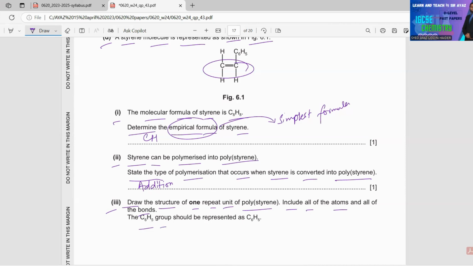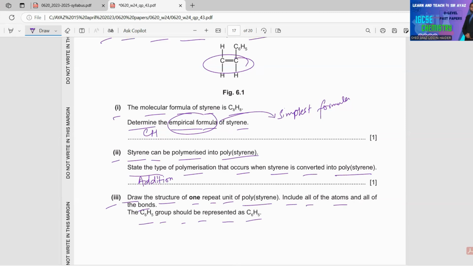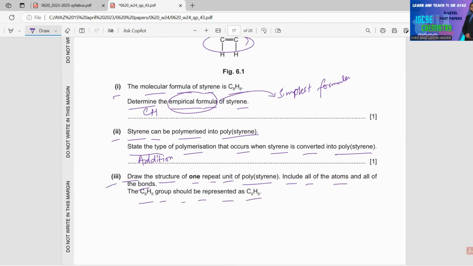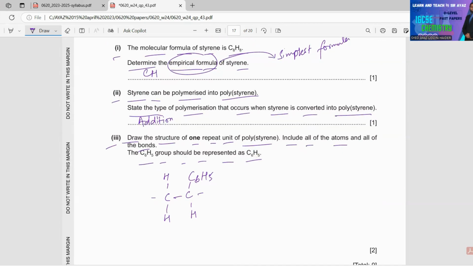The C6H5 group should be represented as C6H5. So it's very easy. You simply have to remove the double bond. So all the bonds become single, and C6H5 will remain like this. And this will be the one repeat unit. They ask you to show only one repeat unit.